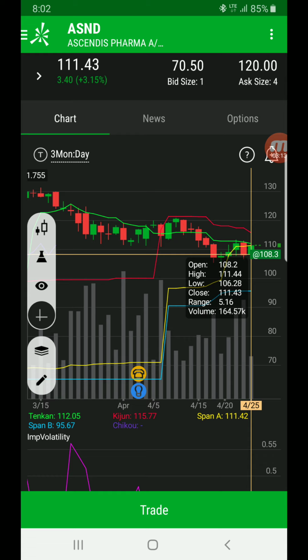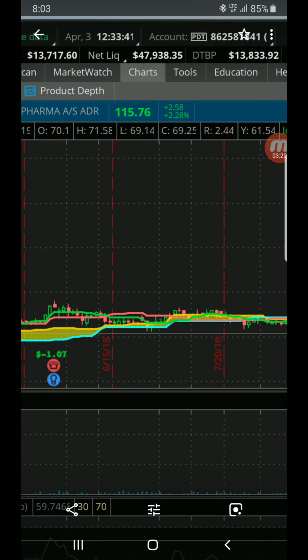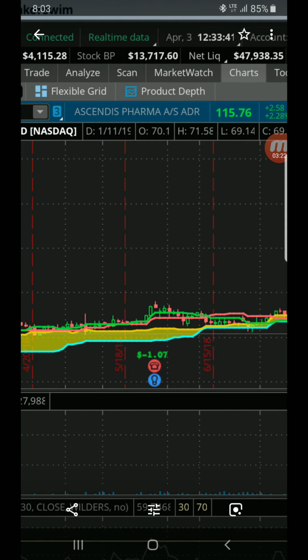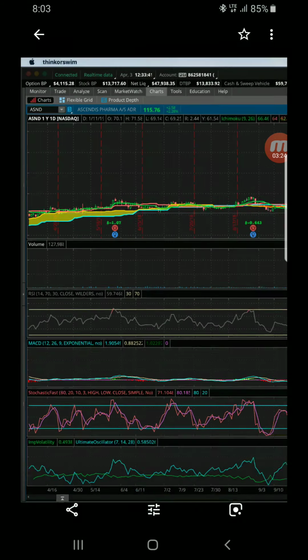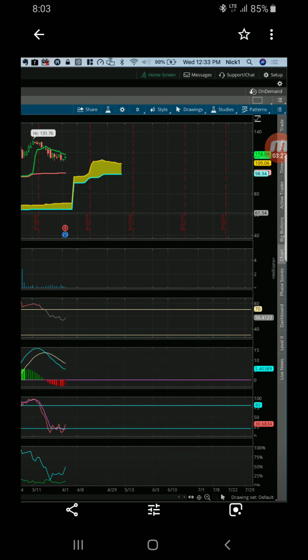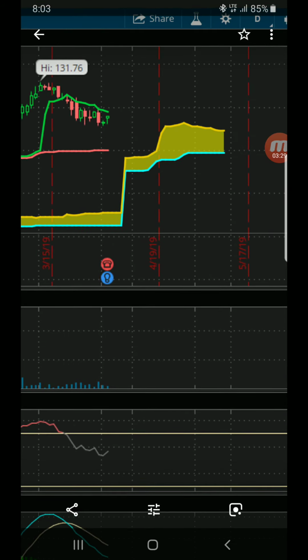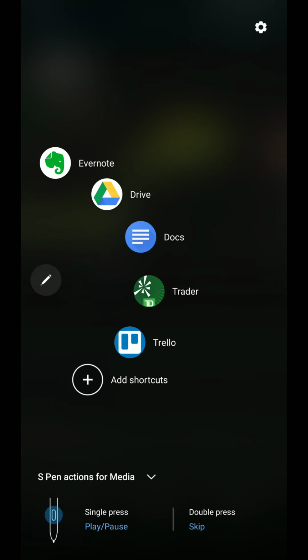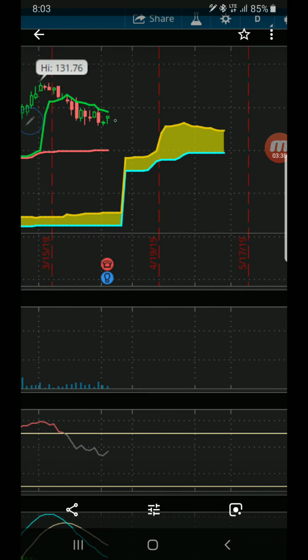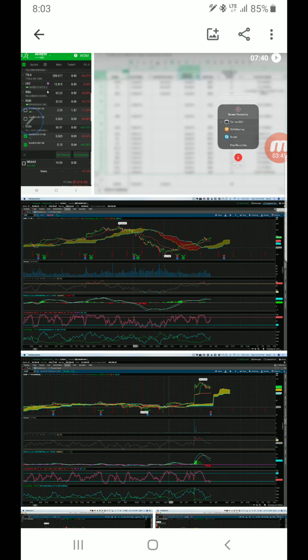So that is a good read of the Ichimoku. The takeaway is this is not a fully bullish Ichimoku, because it was trading beneath the tenkan over here. You see that? So let's look at another one.